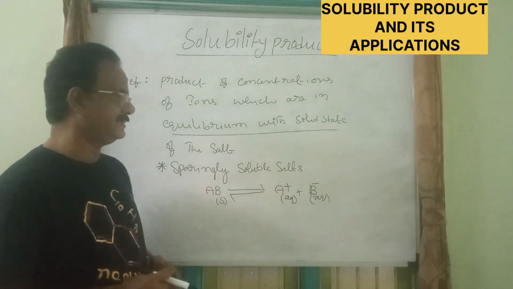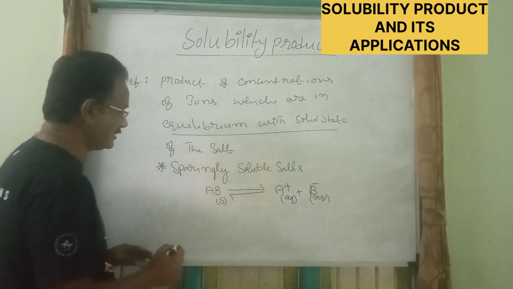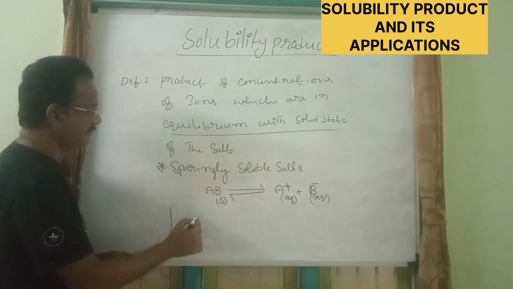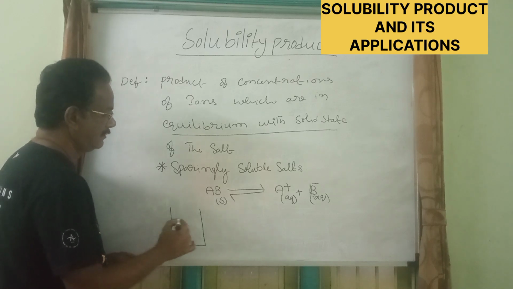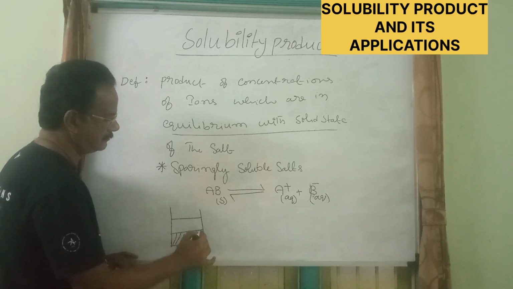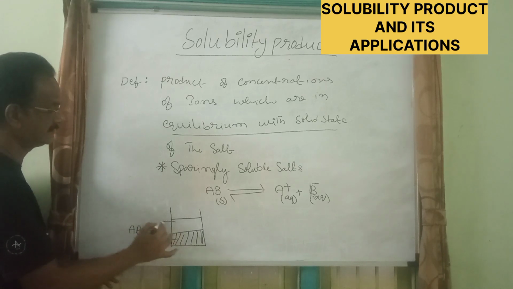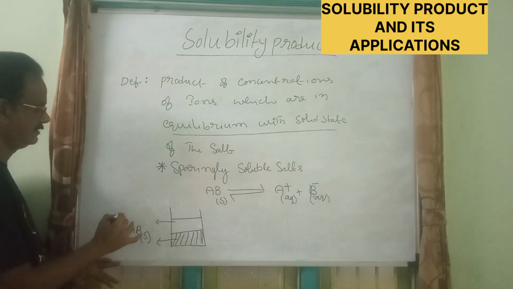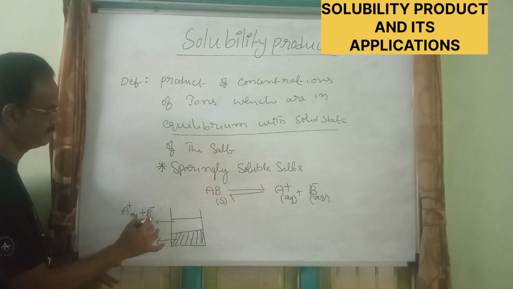Being AB a sparingly soluble salt, the situation when it dissolves in water will be like this. Here this indicates AB which is present in solid state, and this indicates A plus aqueous plus B minus aqueous.